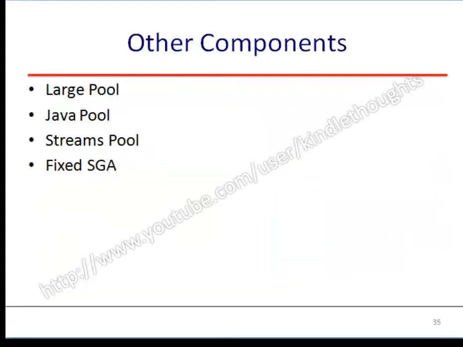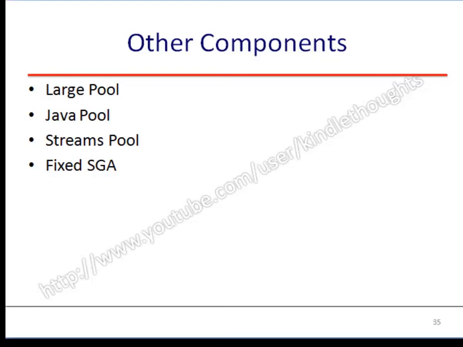The other components which are there within the memory include the large pool, the Java pool, the streams pool, and the fixed SGA. Now, the large pool is a component which is configured typically when you are using either Oracle XA or you need to have RMAN configured, and RMAN needs to use chunks of memory for its operations.